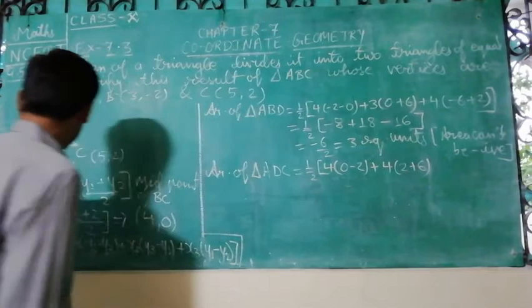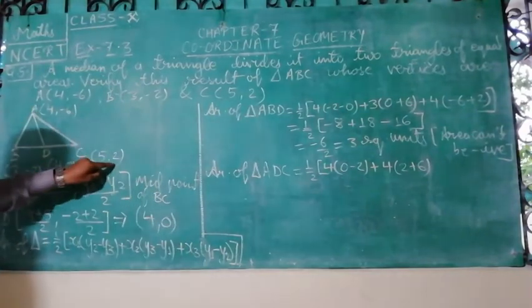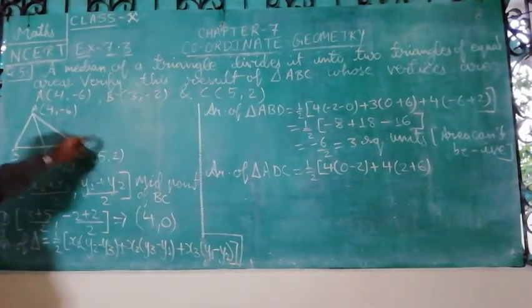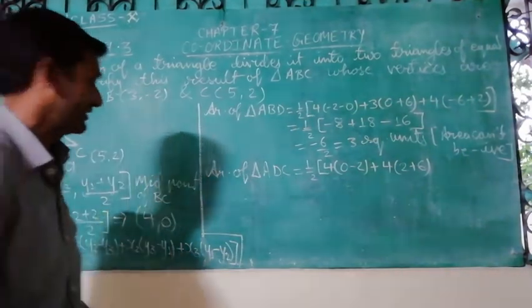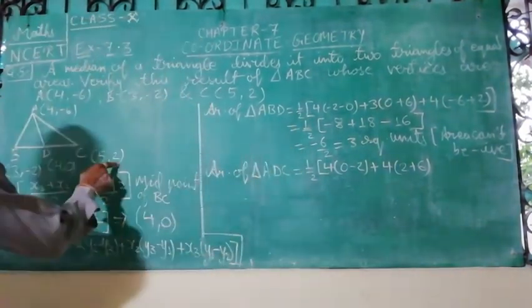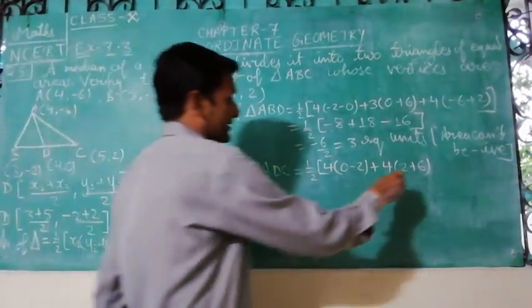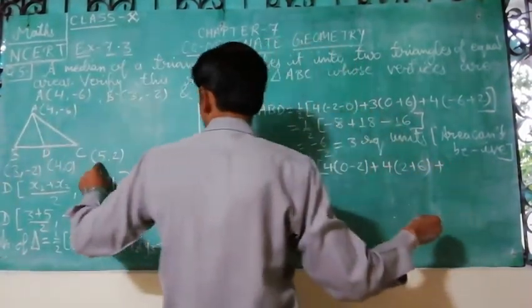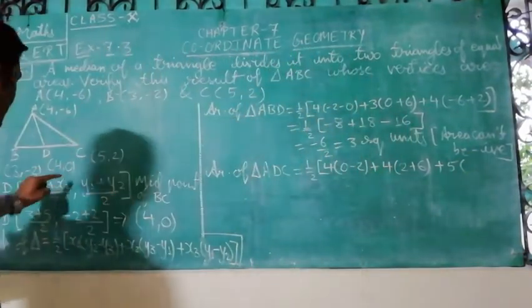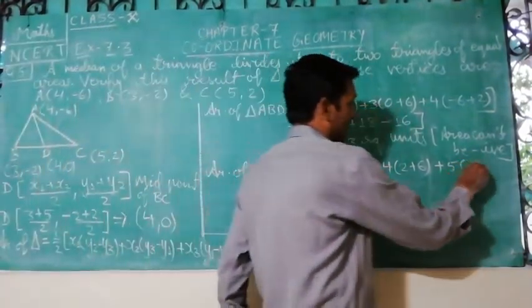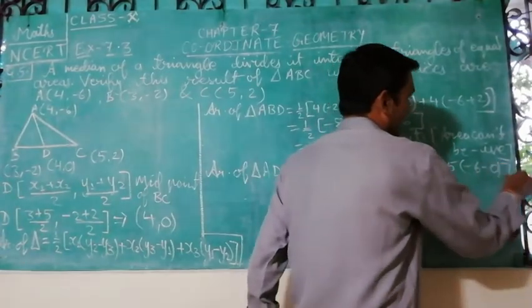Why is it so? See, 4 into 0 minus 2 and then 4 into 2 plus 6, that is y2 minus y3. Now y3 minus y1. And then plus x3. x3 value is 5. y1 minus y2 means minus 6 minus 0. And then bracket closed.